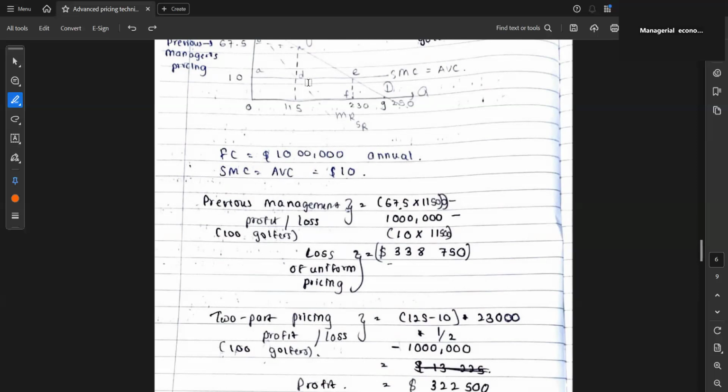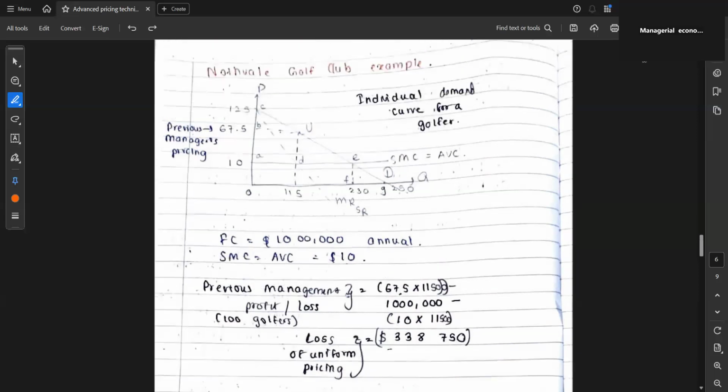Here, MC equals $10. That's why we take 10. And this consumer surplus part, this triangle, you have to obtain it.